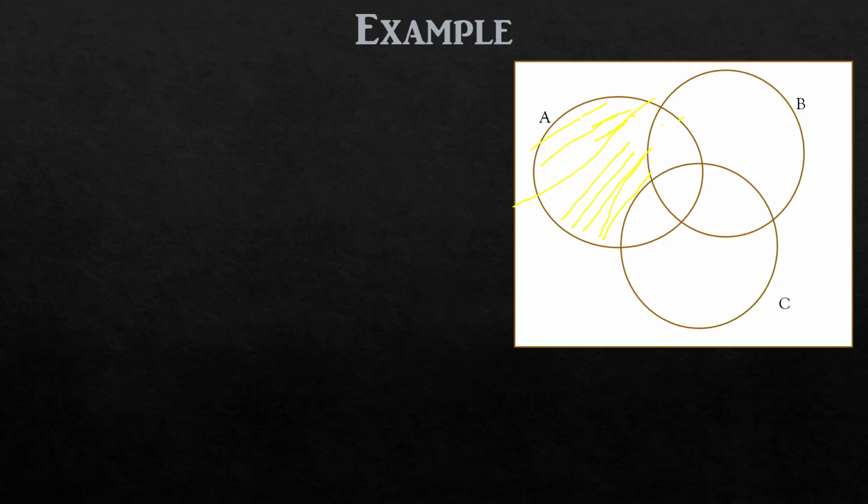This portion is nothing but the numbers which are divisible by only 3, not by 5, not by 7. So here we have to find out A minus B union C. So from A, what do we have to remove? B union C. Now by using the property of difference, A minus B.